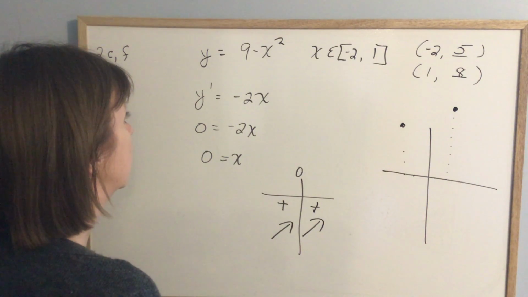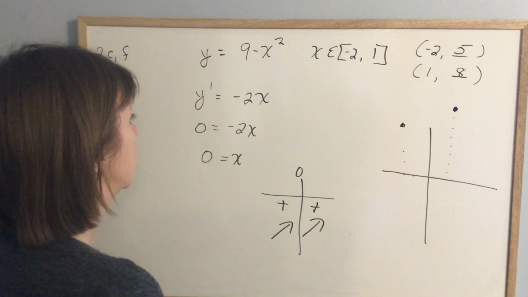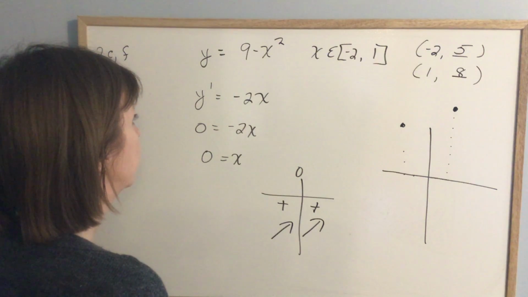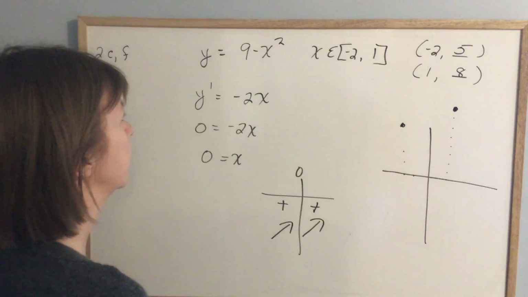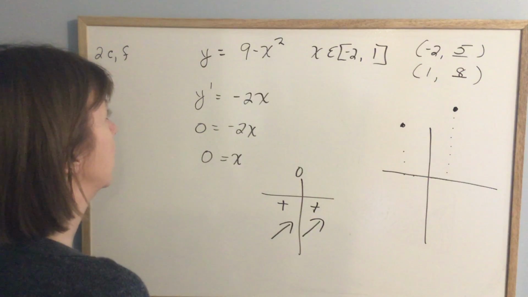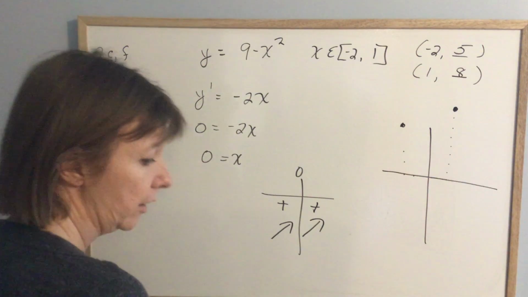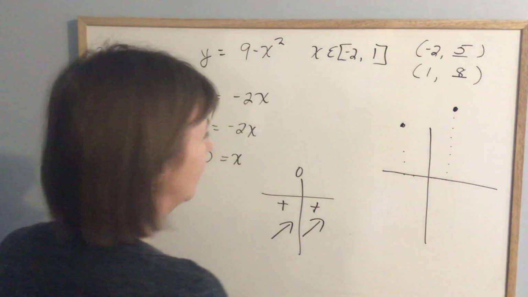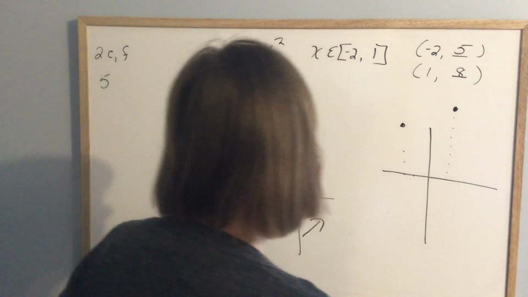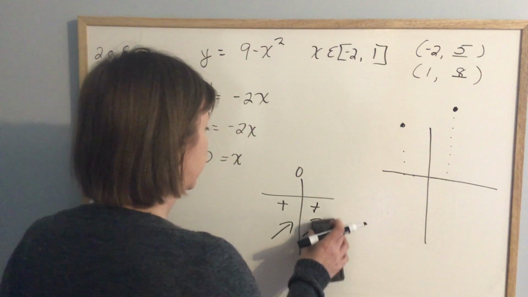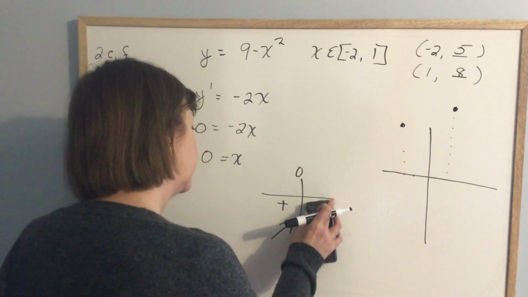I'm trying to figure out why, because it should be decreasing after 0. Oh, because I'm stupid. Welcome to your stupid teacher. I hope you were yelling at your screen because your teacher's dumb.